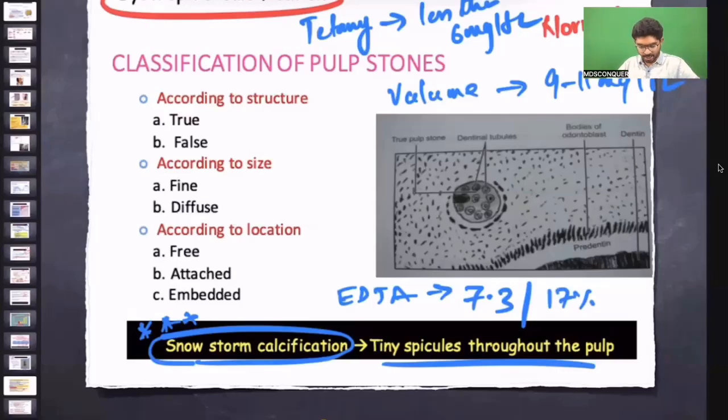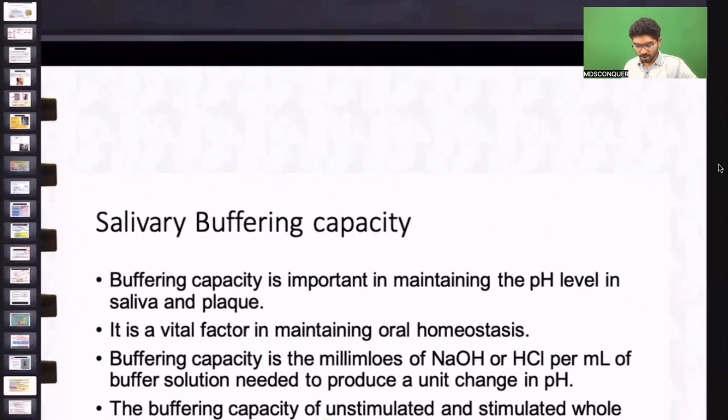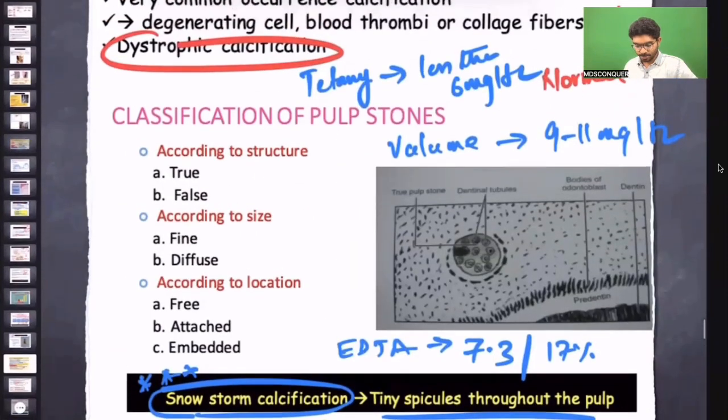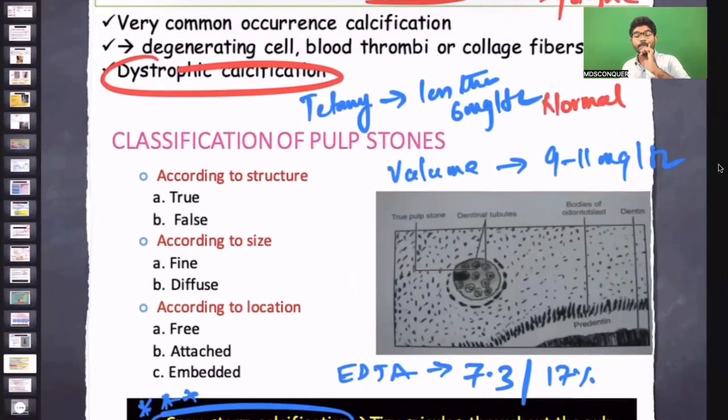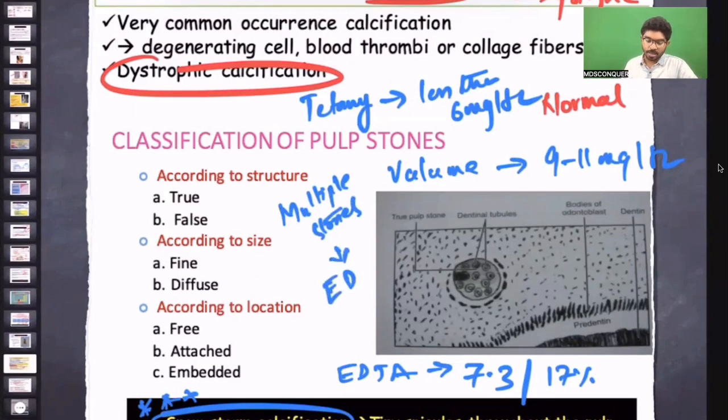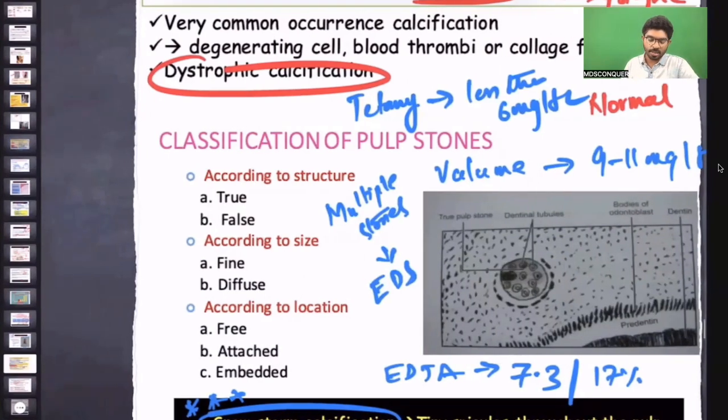Endo integrated content. Multiple pulp stones are seen in which condition? Yes, Ehlers-Danlos syndrome. Multiple sinus openings on the face are seen in which condition?